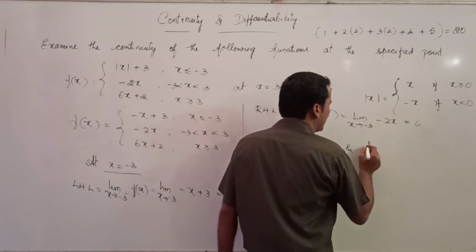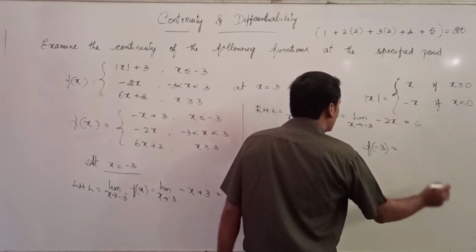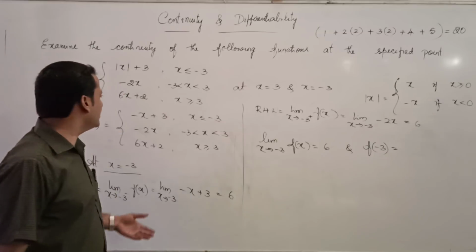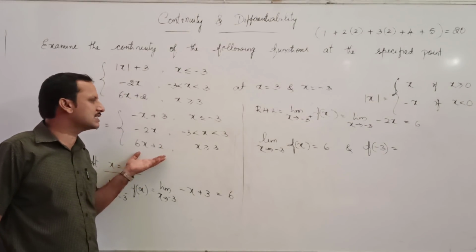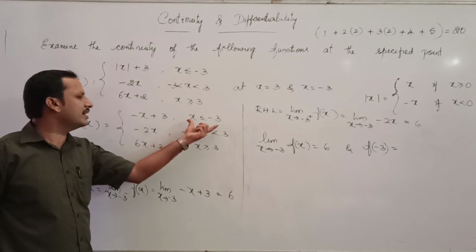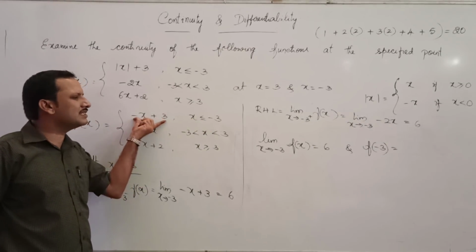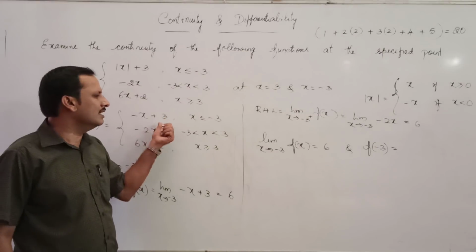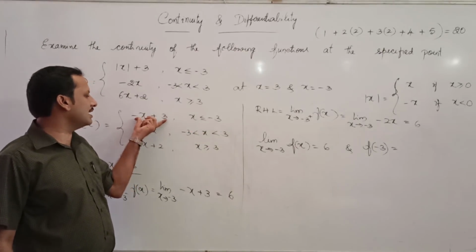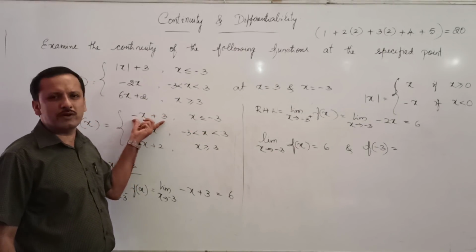Then what about f of minus 3? F of minus 3 means the value of the function at x equal to minus 3. So whenever x is less than or equal to minus 3, it is defined as minus x plus 3. So at minus 3, this is what we have to consider.